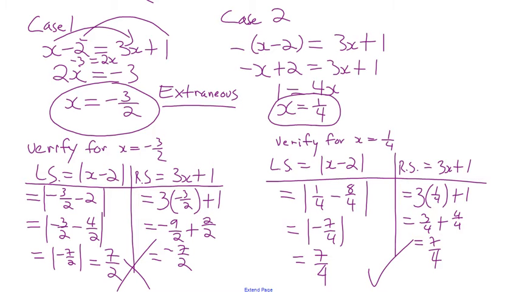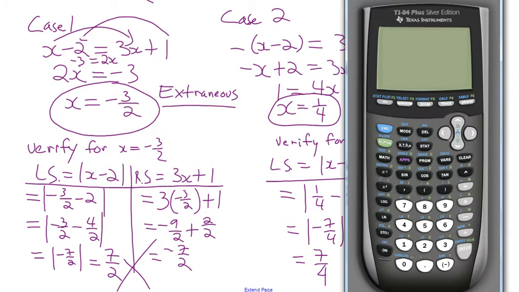Let's take a look at this graphically. So I got to go here to turn this on. Okay, so we're going to y equals, I've got the absolute value of x minus 2, so I'm just going to edit this. Delete x minus, change that to a 2.